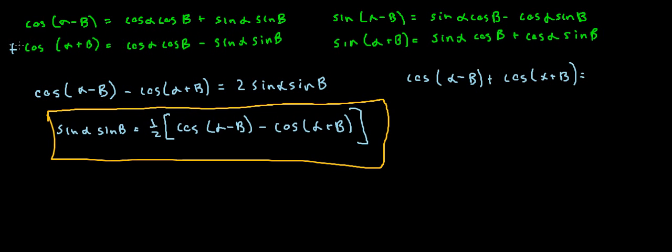And this is equal to, now I'm doing an addition. So these terms are not going to cancel out this time, and these terms will cancel out. 2 cosine alpha cosine beta. And then I just divide like last time. Cosine alpha cosine beta is equal to 1/2.